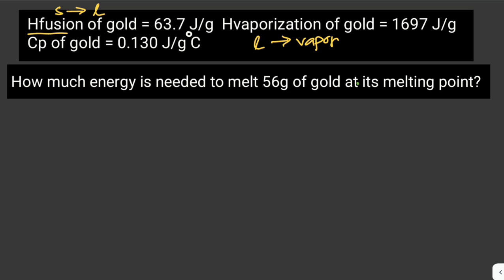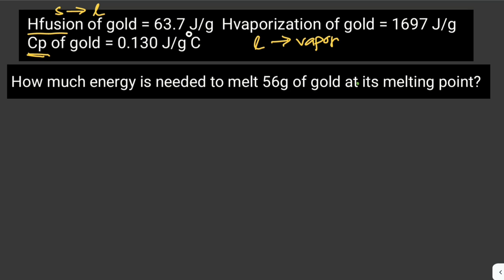And then we have the specific heat of gold, which is equal to 0.130 joules per gram per degree Celsius. Cp here, P, stands for pressure. So this is the specific heat of gold at constant pressure, which means this is the amount of heat required to increase temperature by 1 degree Celsius when heat is given at constant pressure.